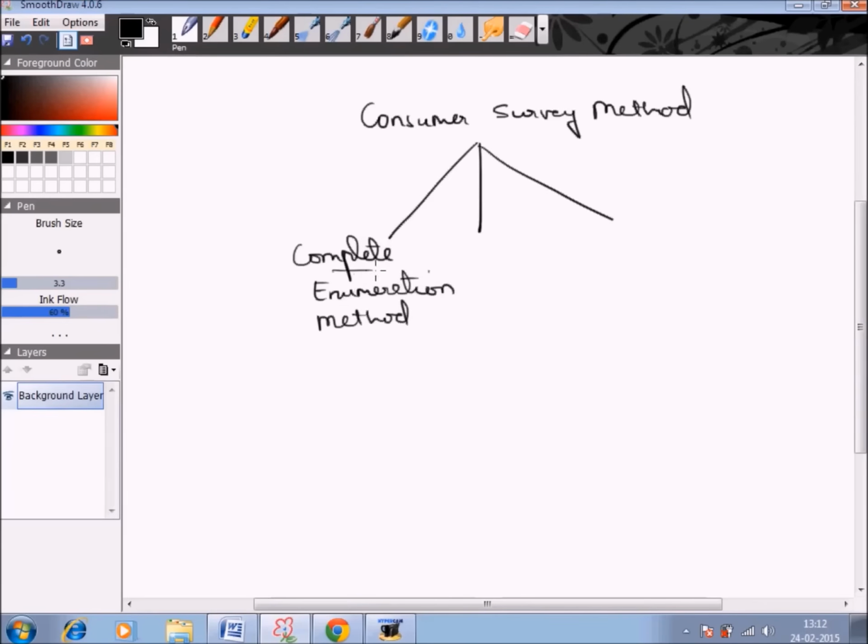Now what is the complete enumeration method? Under this method, the demand is forecasted and it involves direct interview of all the potential consumers of the product. That is, here all the consumers are taken into consideration.